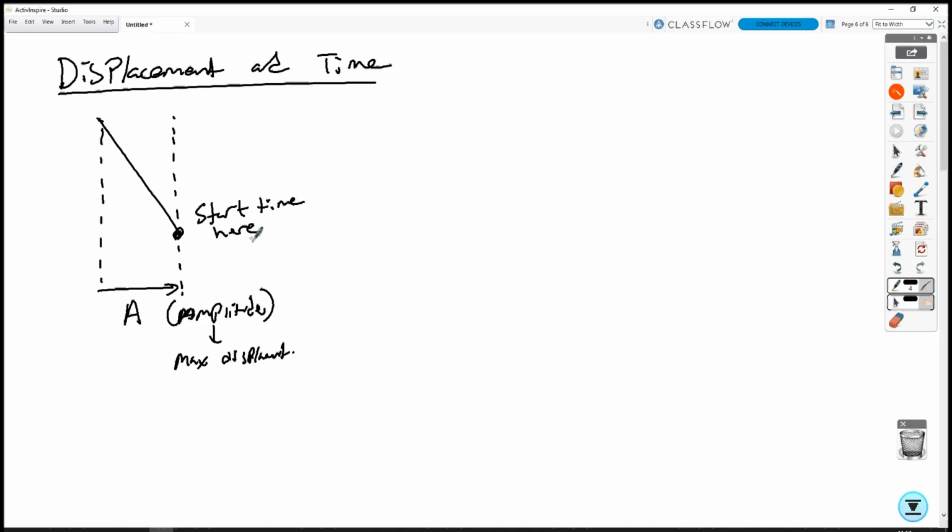So we start the time here, t equals 0. That pendulum then swings back and forth, back and forth, back and forth. An equation that describes its displacement is given by x is equal to A cos omega t.